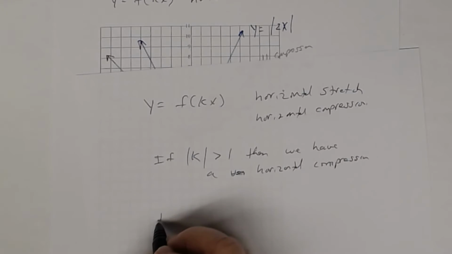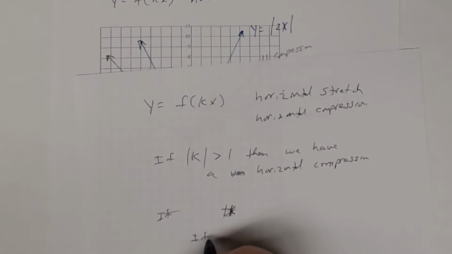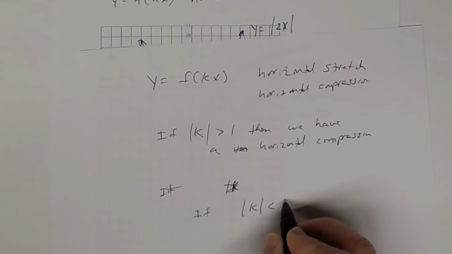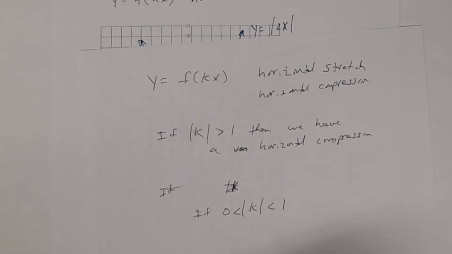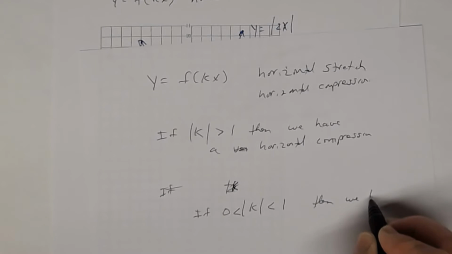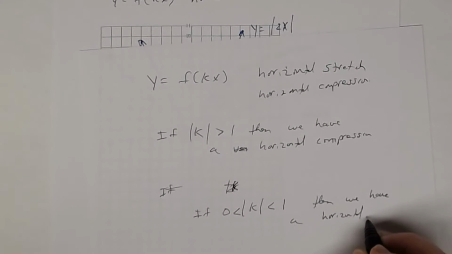If the absolute value of k is between 0 and 1, then we have a horizontal stretch.